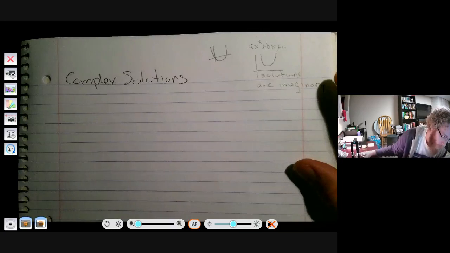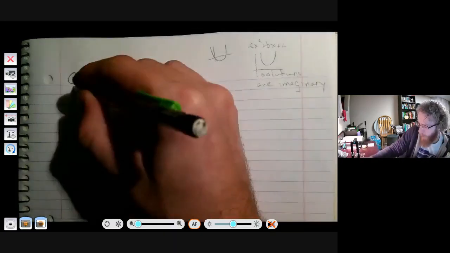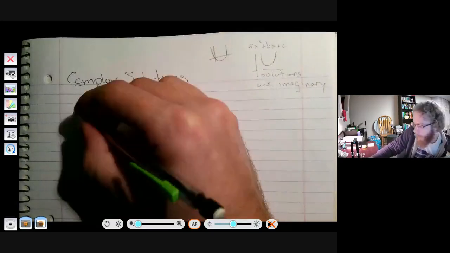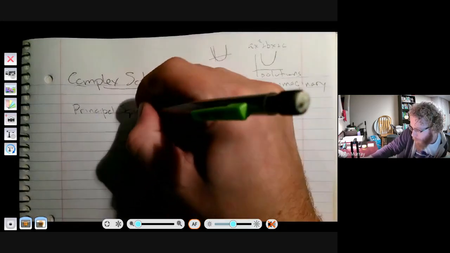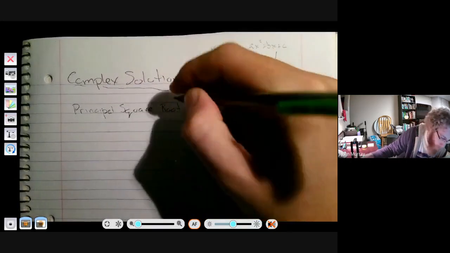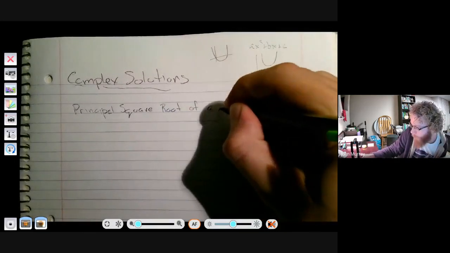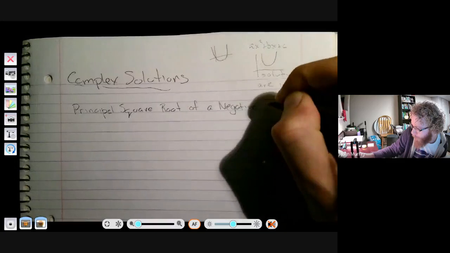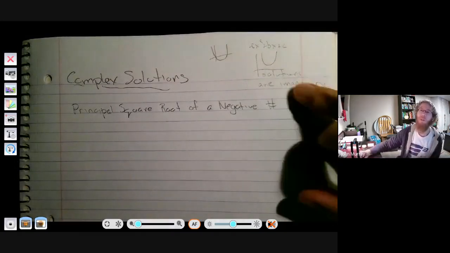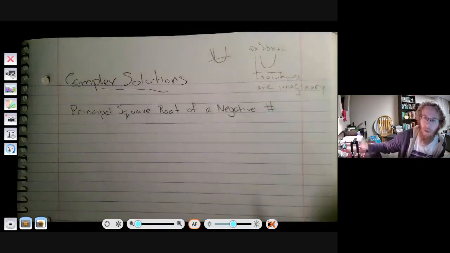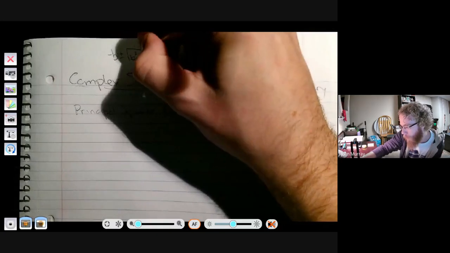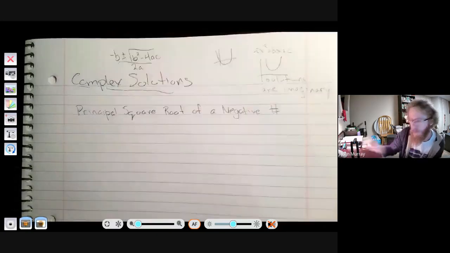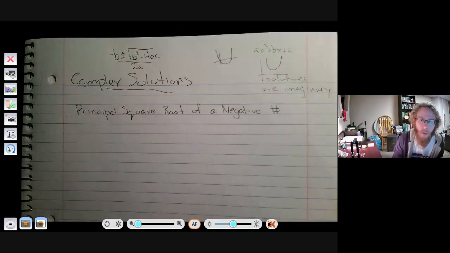Remember, we can get our imaginary solutions from the famous quadratic formula: negative b plus or minus the square root of b squared minus 4ac over 2a.